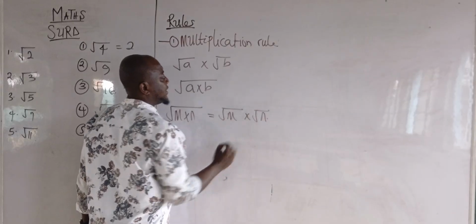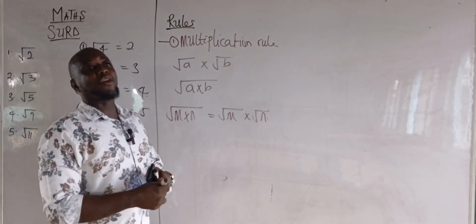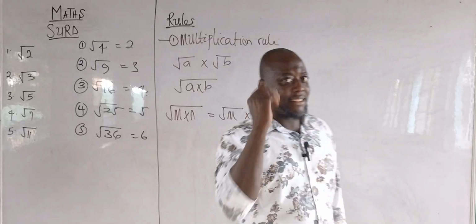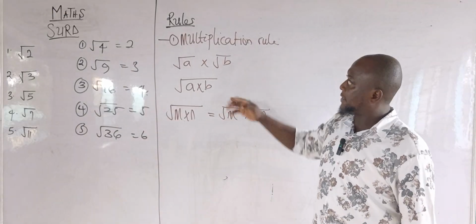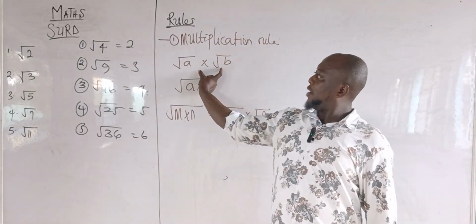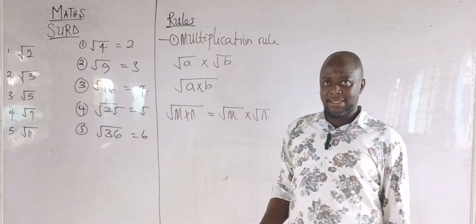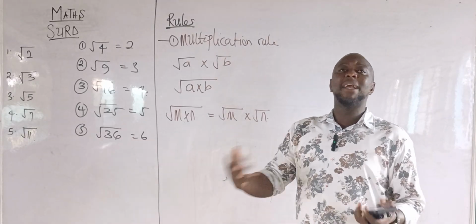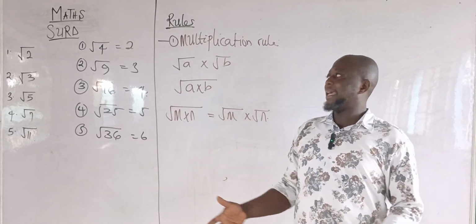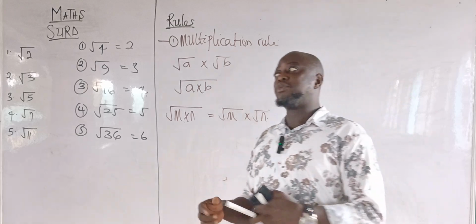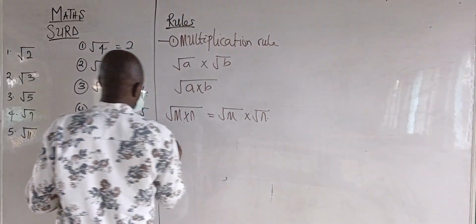Yes, you can. This is a very correct fact. So please don't forget, for multiplication we can combine them together. That means we can multiply them together. We can make the root 1 and then multiply them together. That is what the rule talks about.